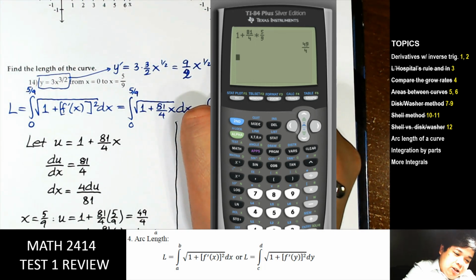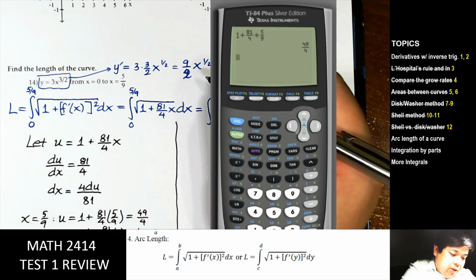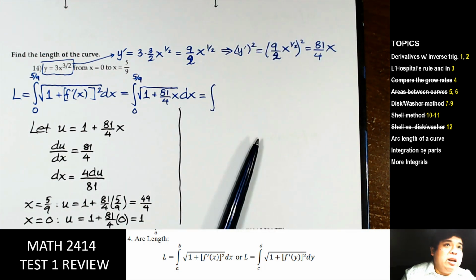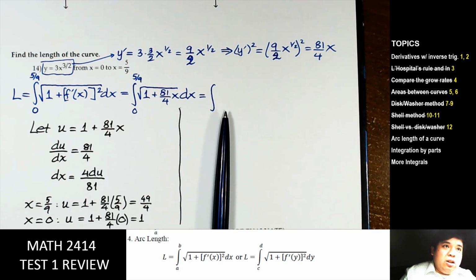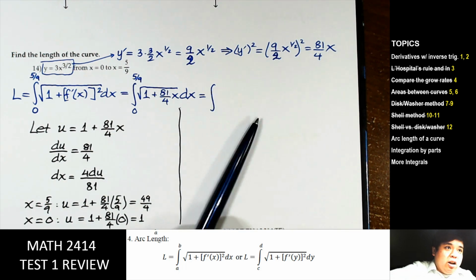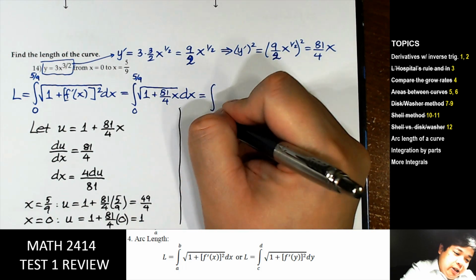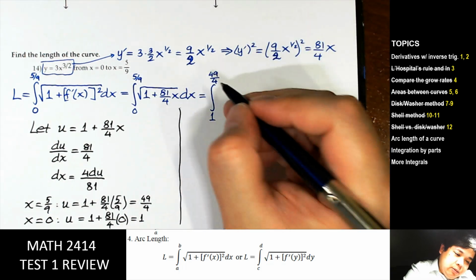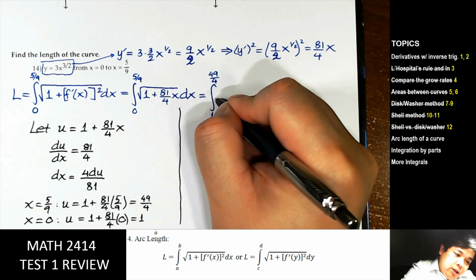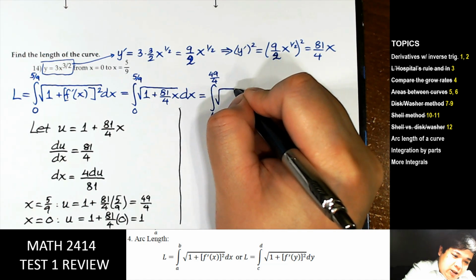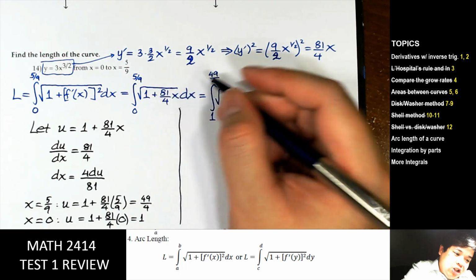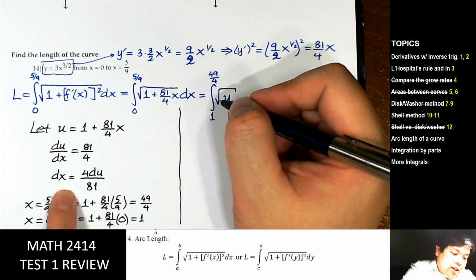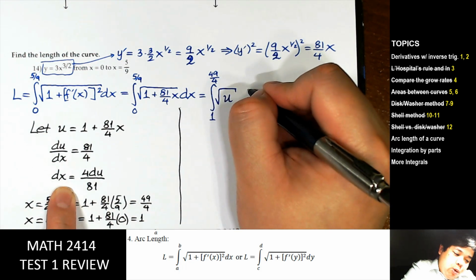Which means we can substitute everything. x going from 0 to 5 over 9 will be u going from 1 to 49 over 4. Square root of u, and dx is 4 over 81 du.